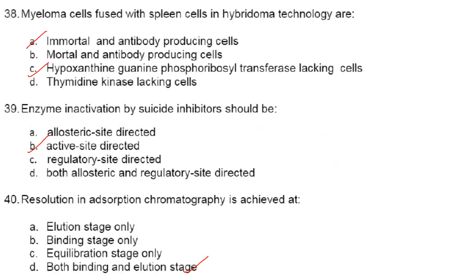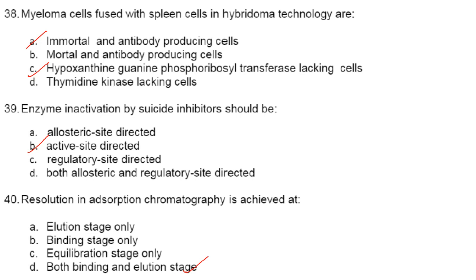Then myeloma cells fused with spleen cells in hybridoma technology are. So they are immortal antibody producing cells, option A, as well as option C, hypoxanthine guanine phosphoribosyl transferase lacking cells. So option A and C both are correct. Then enzyme inactivation by suicide inhibitors should be.